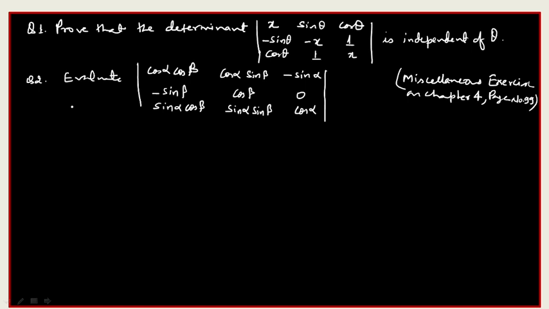Yes, so let us solve these two questions. We all know determinants and matrices. First we learned about matrices, and you can have a glance at the video which I have already prepared for matrices, and my videos on determinants are also available. Kindly have a glance, and let us solve these two questions.